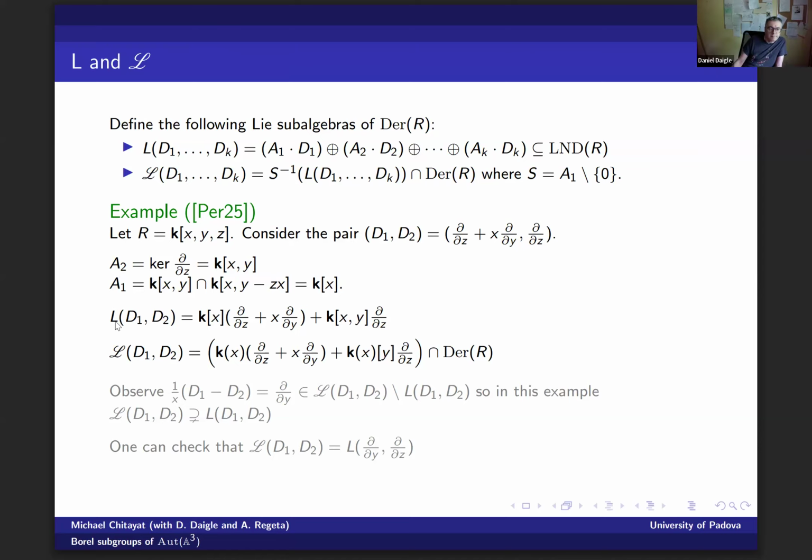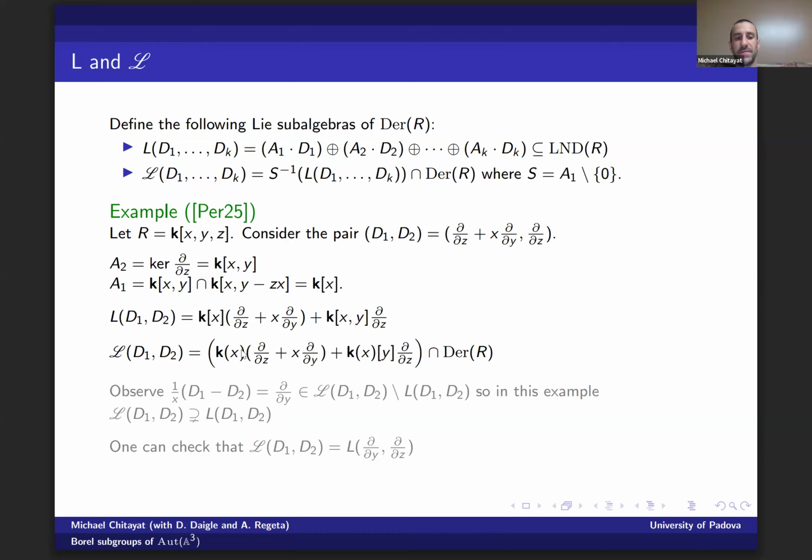And this Lie algebra L of d1, d2 is, well, kx, this is your a1 times the first derivation plus kxy times the second derivation. And this curly L, where we're allowed to localize at the non-zero elements of kx, gives you this Lie algebra.